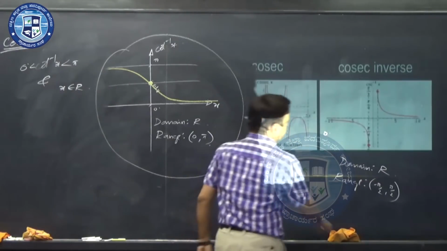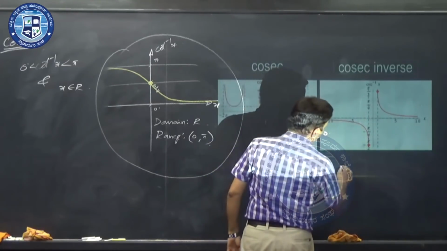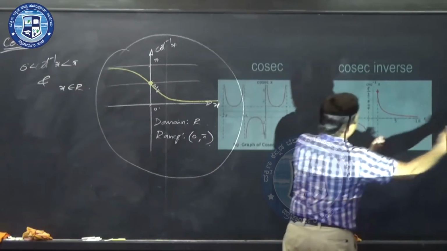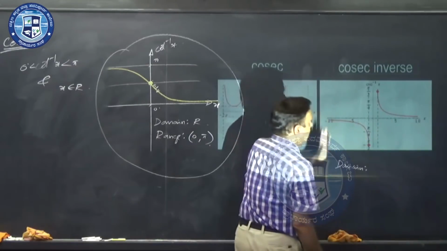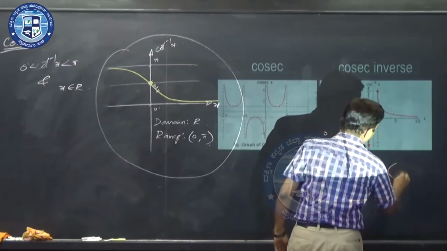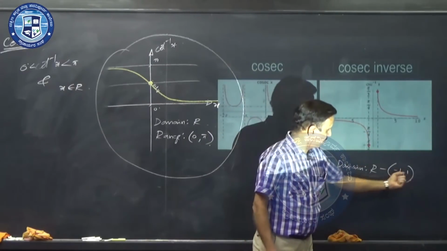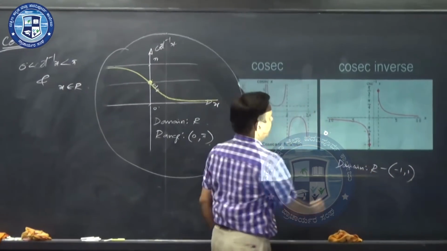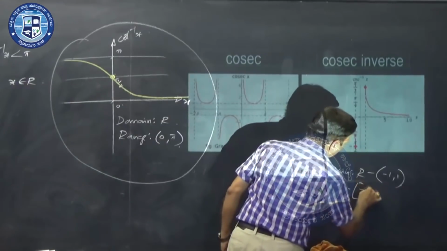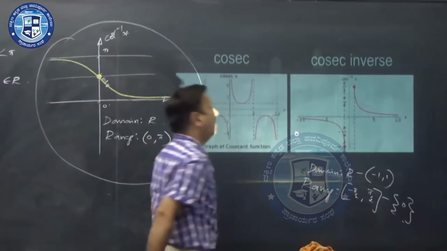Next, cosec inverse x. The domain is any real value of x from x equals 1 onwards, and from x equals minus 1 and prior to that. So it is the set of reals minus the open interval minus 1 comma plus 1. The range is any value between minus pi by 2 to plus pi by 2, but it cannot take the value 0.